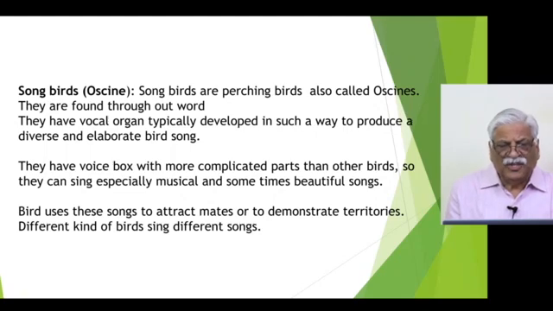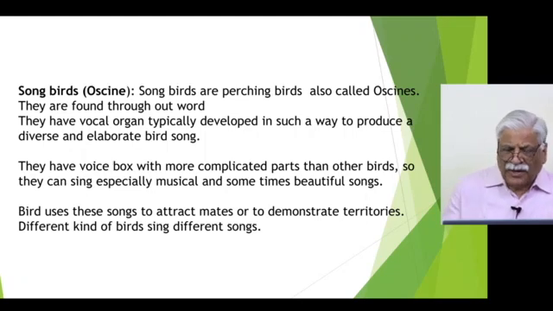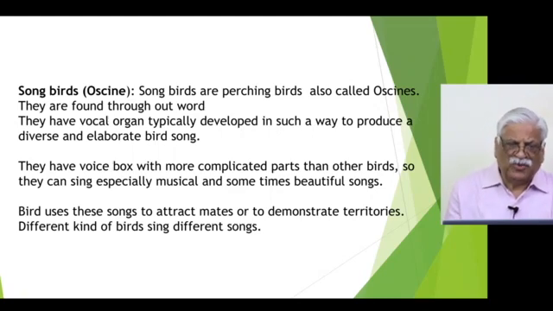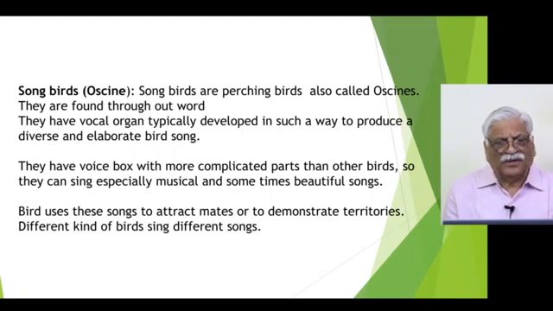So they can sing especially musical and sometimes beautiful songs. Birds use these songs to attract mates or to demonstrate territories. Different kinds of birds of these species sing different songs. Passerine birds, house sparrows or sparrows, they all come under the songbird category.